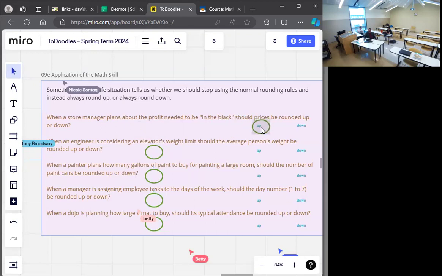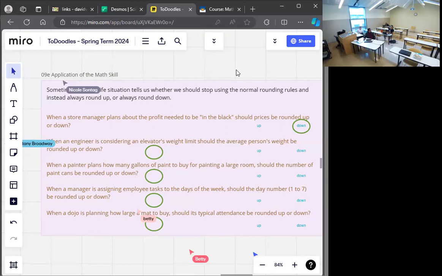If I round my prices up, then I think I've sold more than I have. And if I think I've sold more than I have, I might be going bankrupt and not know it. So I need to round my prices down just to be safe. If something costs $14.50, and for some reason I'm rounding, I'll say it's $14.